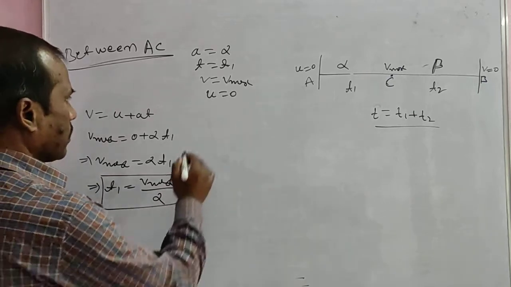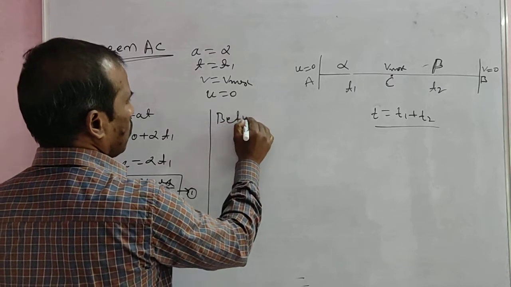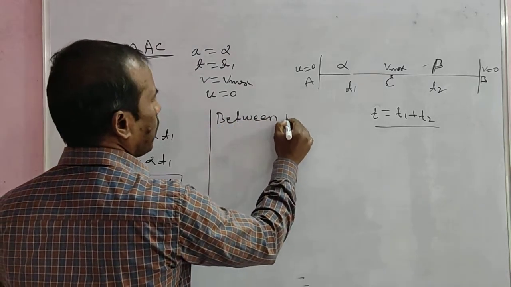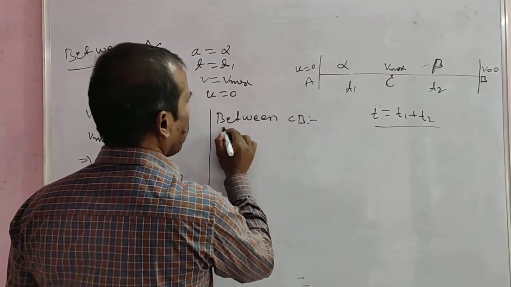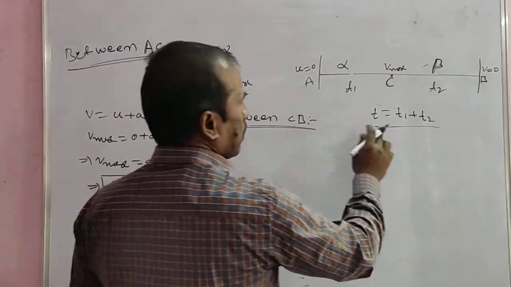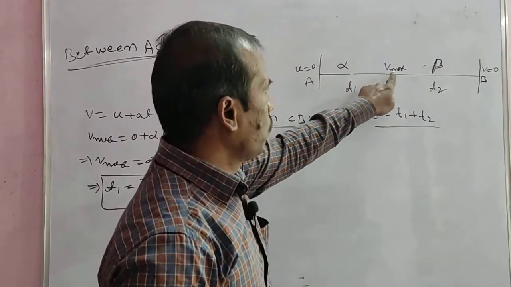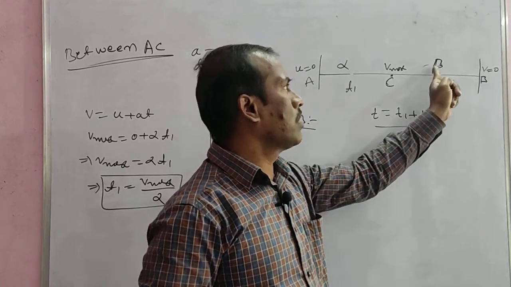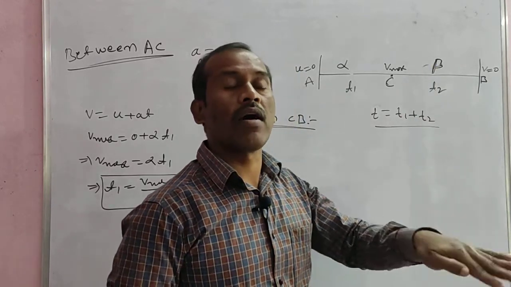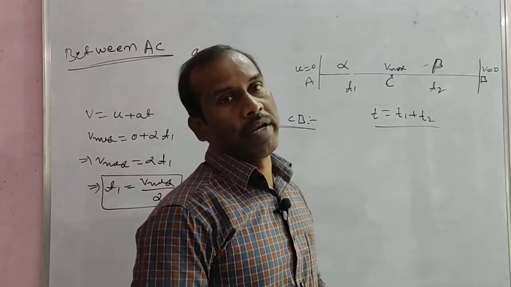Next, between CB. In this case, initial velocity is V maximum, final velocity v is equal to 0. Acceleration a is equal to minus the deceleration, so a is negative, minus beta.